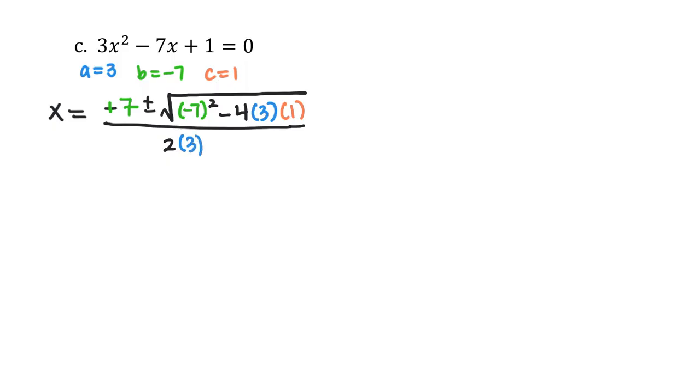Okay, first step is done. Let's go ahead and simplify it. So that's 7 plus or minus. If you do -7 squared, -7 times -7 will be +49. So when you square a negative, you still get a positive. Let's see, minus 4 times 3 is 12. 12 times 1 is still 12. So minus 12.